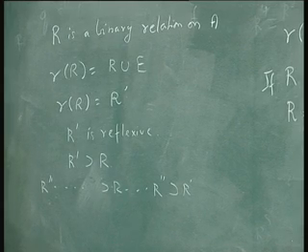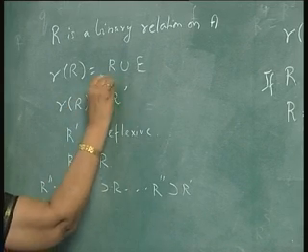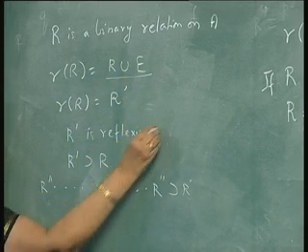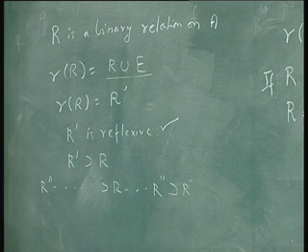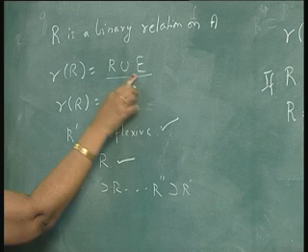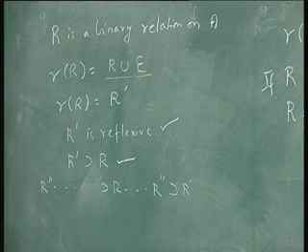Now, you can see that when you take R union E, it is reflexive because it contains E. It contains R, that is also satisfied. Now, we have to only consider the third portion.